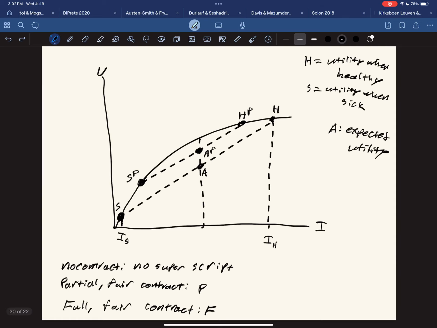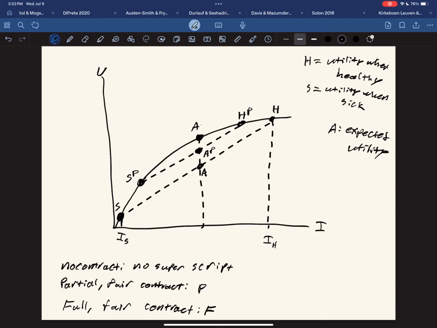So the utility I get from a partial insurance contract is greater than the utility I get from no insurance contract. And then what does a full insurance contract look like? It's just that point there.